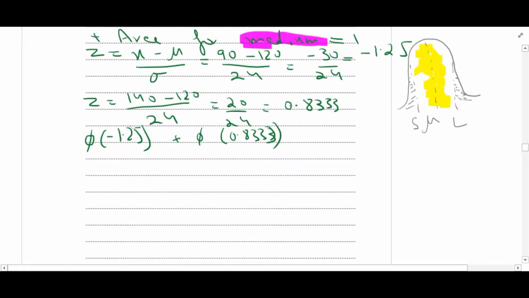For calculating phi of minus 1.25, phi of minus 1.25 would be equal to 1 minus phi of 1.25.